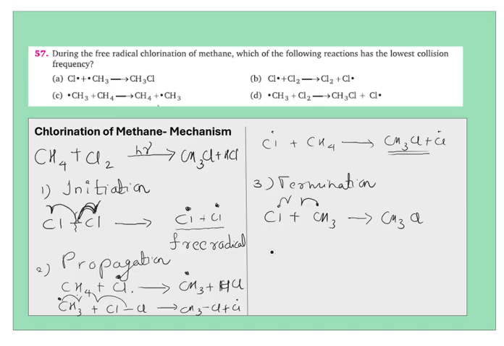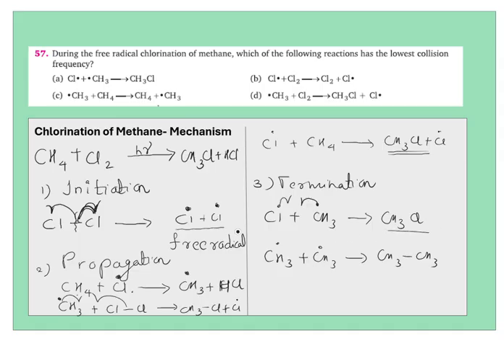There is a possibility that a methyl free radical might collide with another methyl free radical as well. But this is very rare because the number of methyl free radical species itself will be very less. Can chlorine and chlorine react? Yeah, that is also possible, but the quantity will be very less. That's why we tend to ignore them.